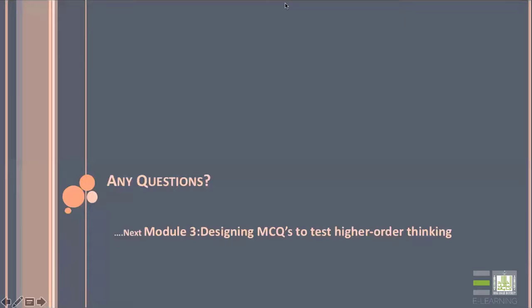But sometimes multiple choice questions are quite restrictive in the way they are structured, so you can't really measure a high level of thinking and allow students to express elements such as their ability to think creatively. Hopefully I will touch more on this in the next slides. Hopefully that will also help answer the question.